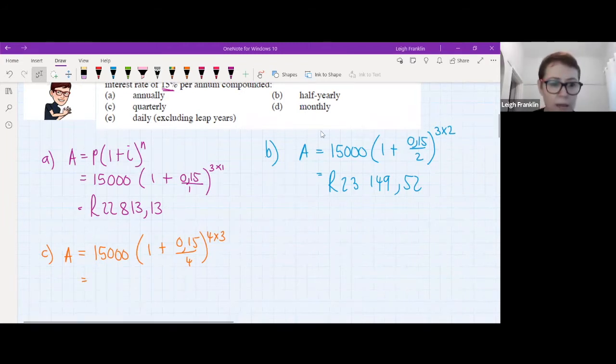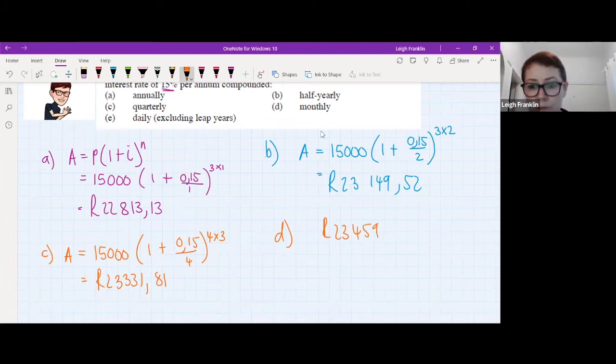So here we had an answer. I got 23331,81, and then like the rest of you for D, I got 23,459 rand and 16 cents, and for E, I also got 23,522.